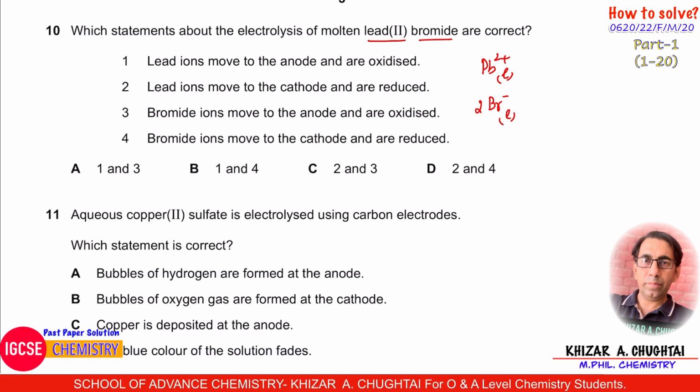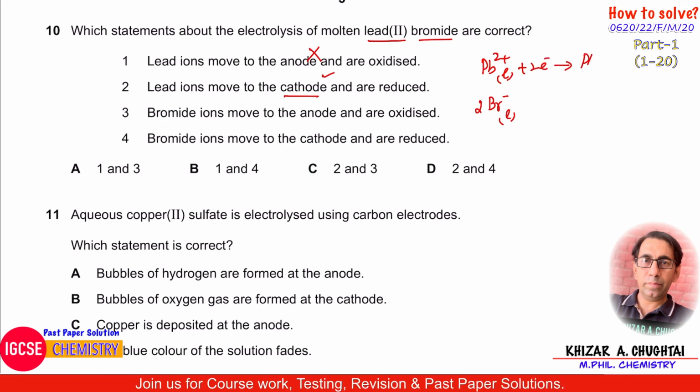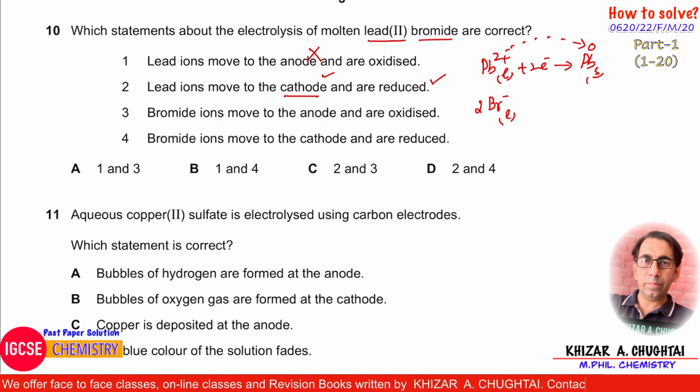No, it is having positive charge, it will not move towards the anode. Lead ions move towards the cathode. Yes, it's correct. It will gain electrons and change itself into lead solid, and they are reduced. Yes, its oxidation number is going to be reduced from +2 to 0. So 2 is the correct option.